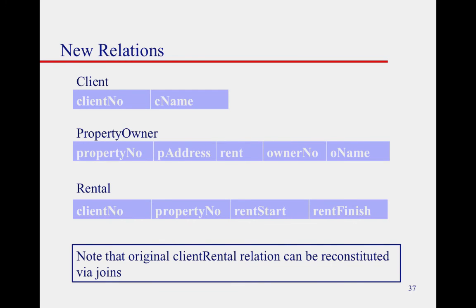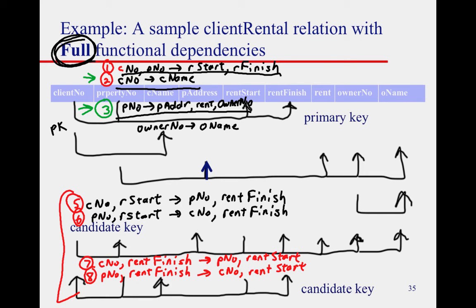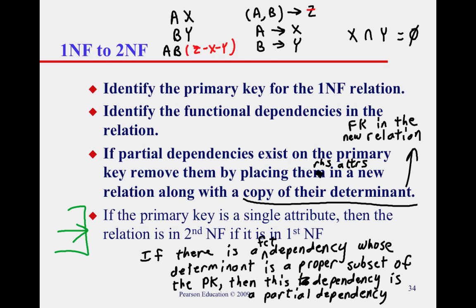Okay? So here's the other thing. Actually, I wasn't quite all the way truthful with you there. So not only do we move the right-hand side attributes, but we also move any attributes that are transitively determined by the right-hand side attributes.